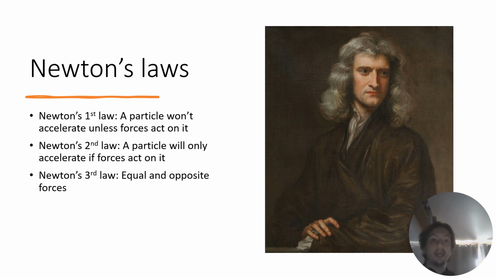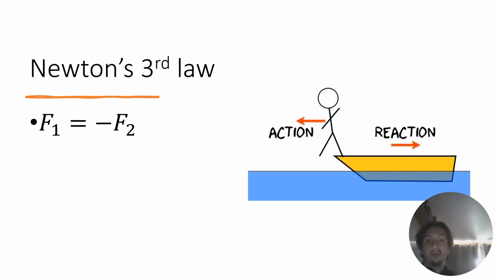And now we're going to look at deriving the third law from conservation of momentum. But as a quick reminder, Newton's third law, if we think of forces, says that the action force F1 is equal to minus the reaction force, which is F2.